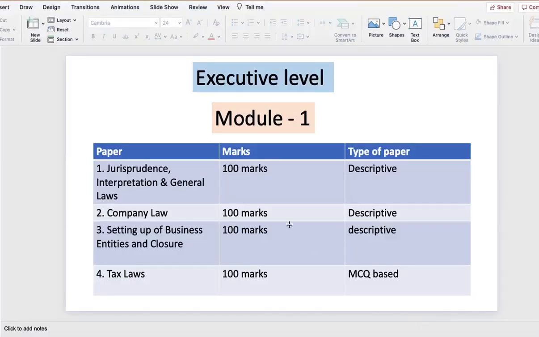Look at this now. In module 1 we have jurisprudence, interpretation and general laws, a 100 marks descriptive paper. Any doubt? Then paper 2, company law, 100 marks, descriptive. Then setting up of business entities and closures, 100 marks, descriptive. Tax laws is 100 marks, MCQ.